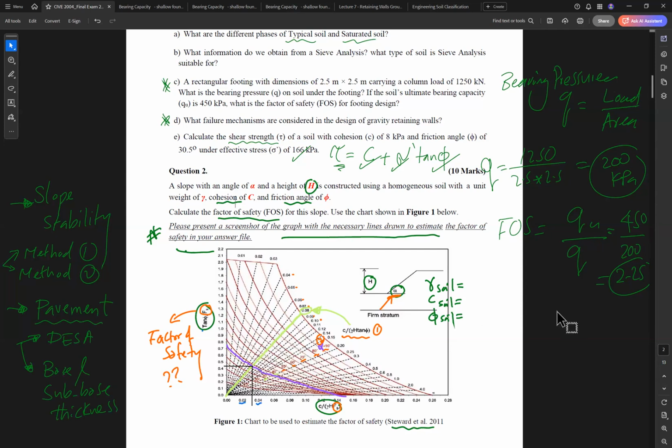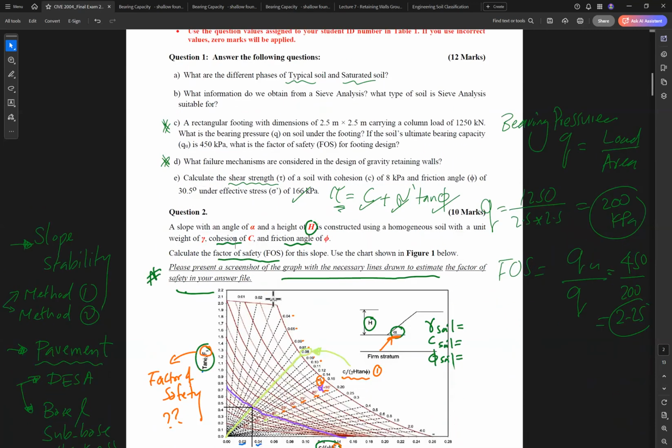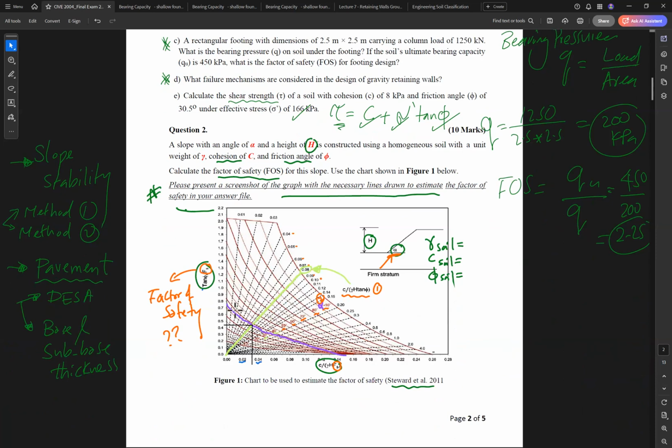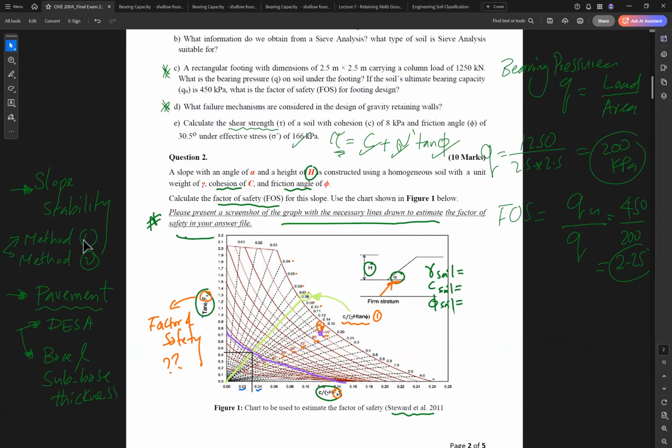So these are the types of problems we can have. Any other calculation ones? Now this is the main one, because we already have the bearing here. So the calculations in this course are the bearing, the footing design, the slope stability design, and the pavement design. So in the exam, that's the only two we're going to get.